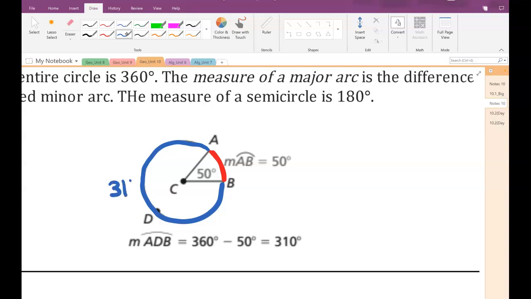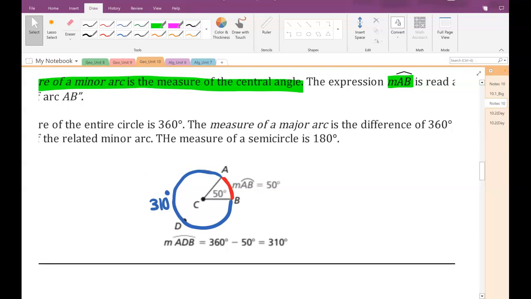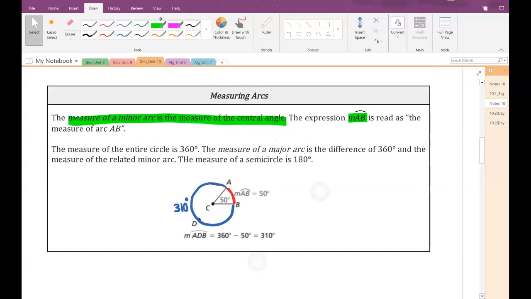So the measure of our major arc would be 310 degrees. So in words, that would be the measure of a major arc is the difference of 360 degrees and whatever minor arc is related to it. We say related to, that's what makes up the whole circle.